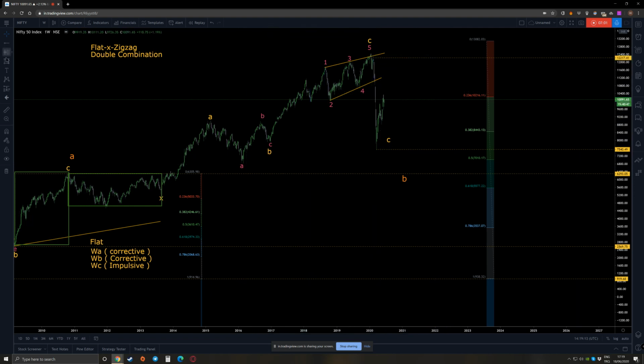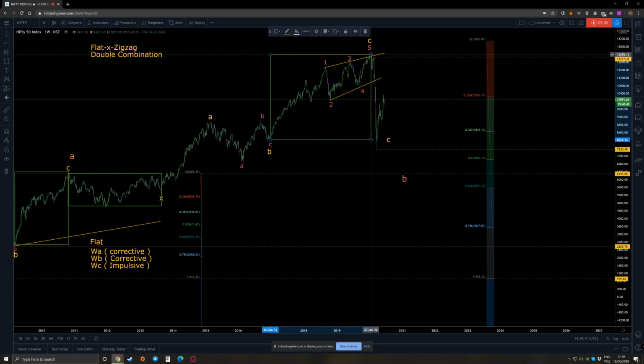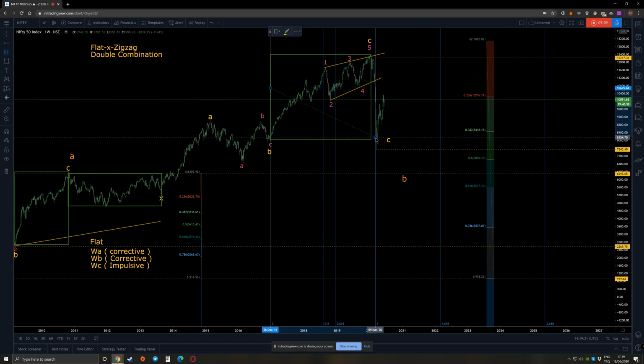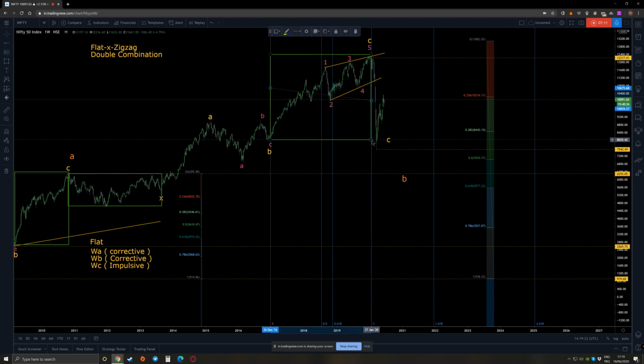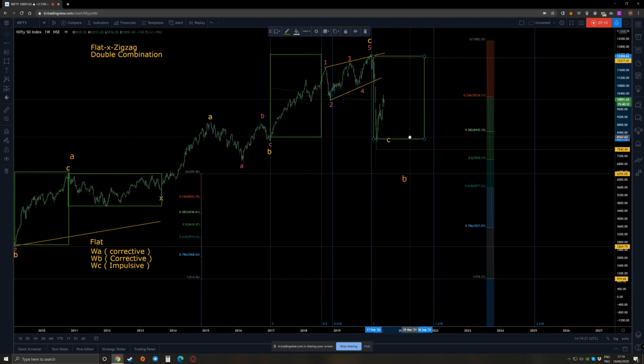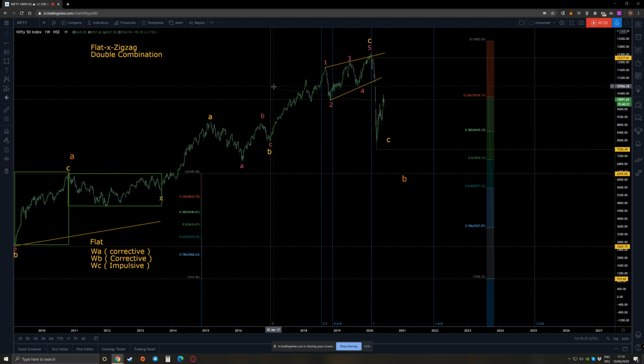Why? Because now the real C wave actually took this much time. So what I do is I take this and I take 50% of this now and I put it on the right side. Now look, this time the price did come to where it's supposed during this time, and now I can say, okay, it's good. This is why I did it like this.